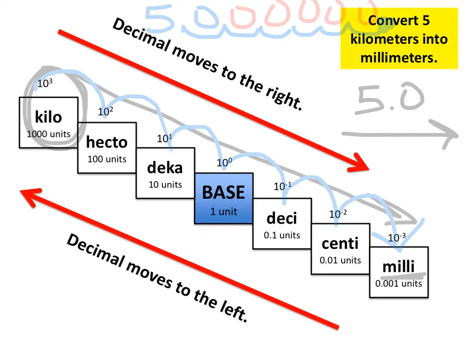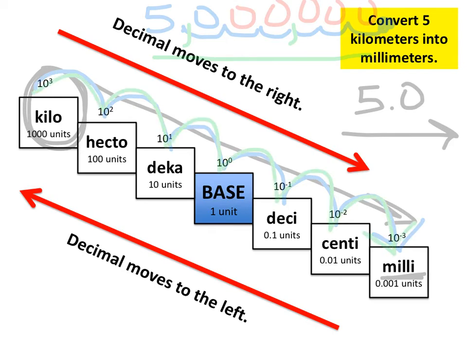So what you end up with is, put our commas in, 5 million millimeters. 5 kilometers. 1, 2, 3, 4, 5, 6 spaces.